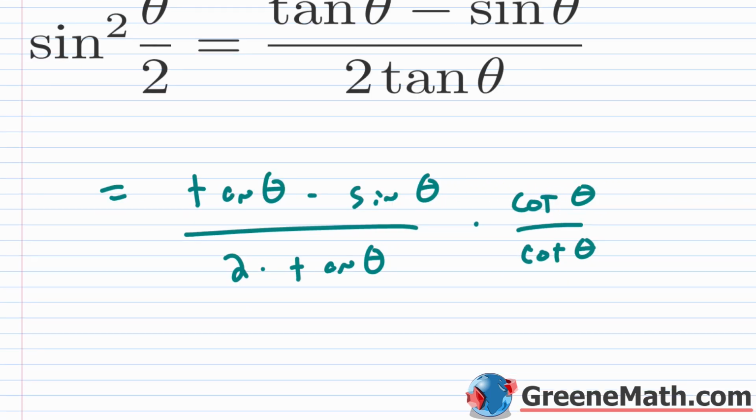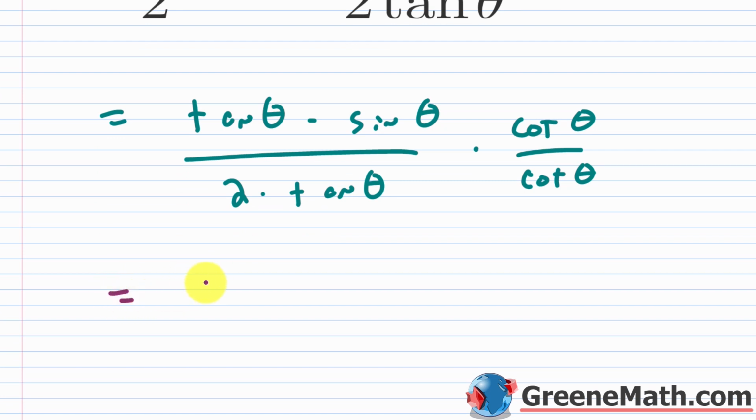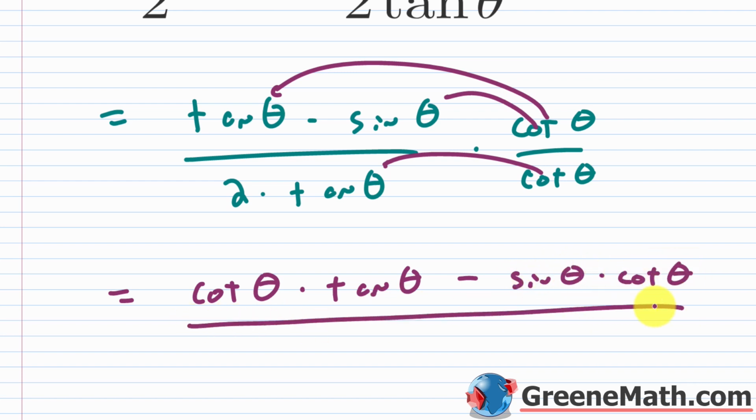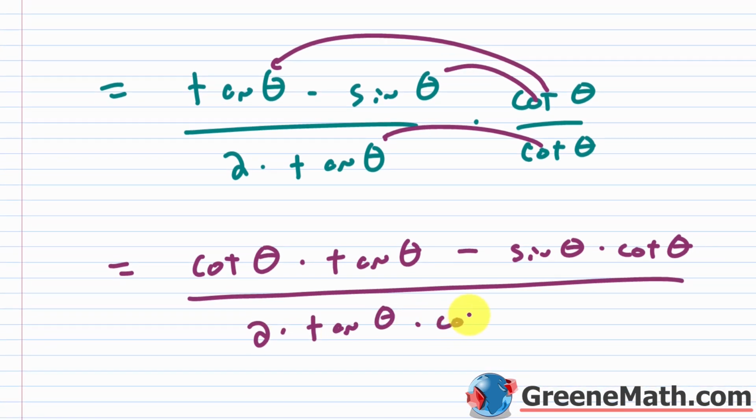So let's come down here and do the cotangent of theta times the tangent of theta. So I'm just distributing this here. And this is going to go here. And then minus the sine of theta times the cotangent of theta. This is over 2 times the tangent of theta times the cotangent of theta.